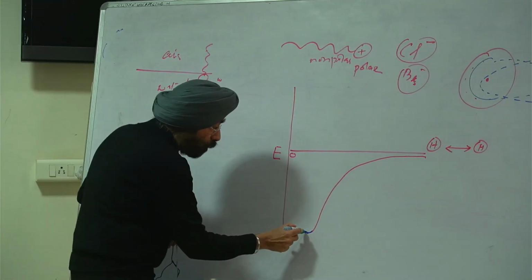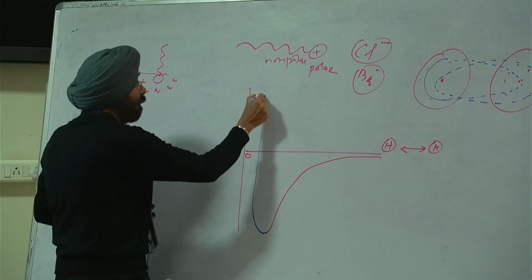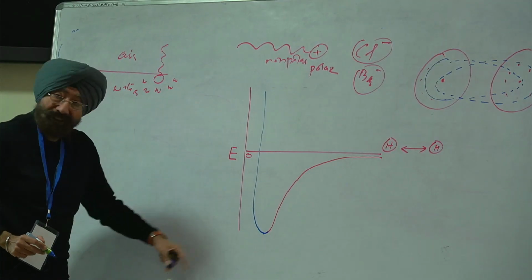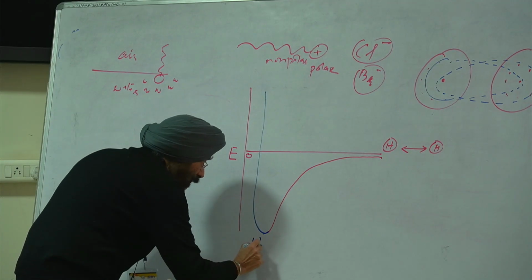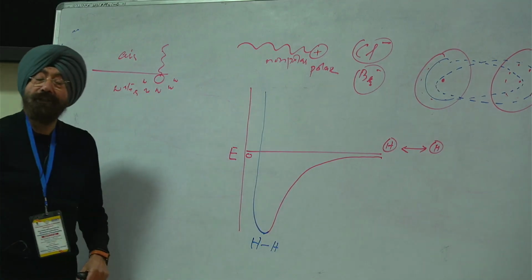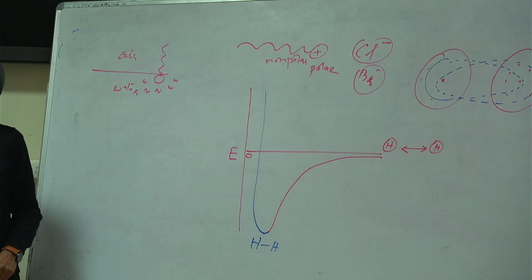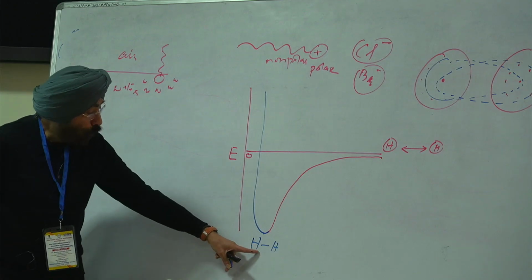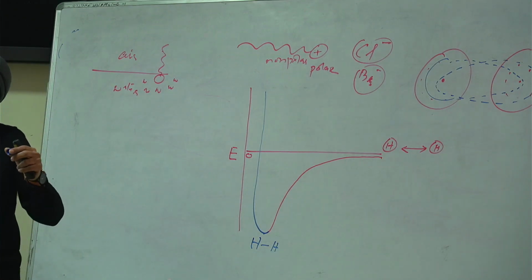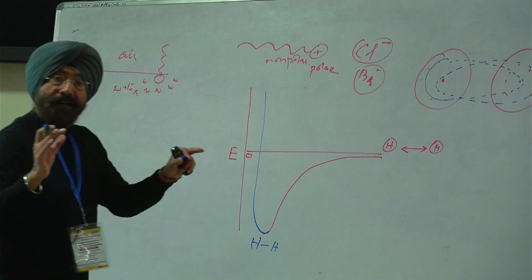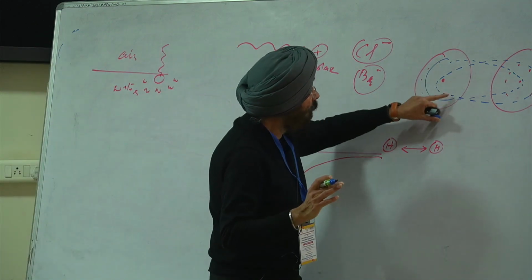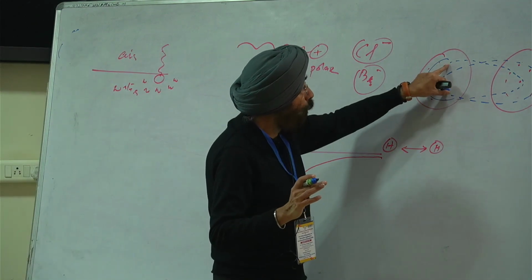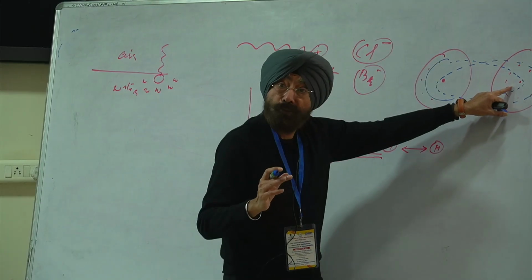And at this point, potential energy starts increasing instantaneously. What is this point? It is where the hydrogen covalent bond is established. This is the point where the maximum electrostatic interactions are established between the electron cloud of one atom with the nucleus of the other and vice versa.